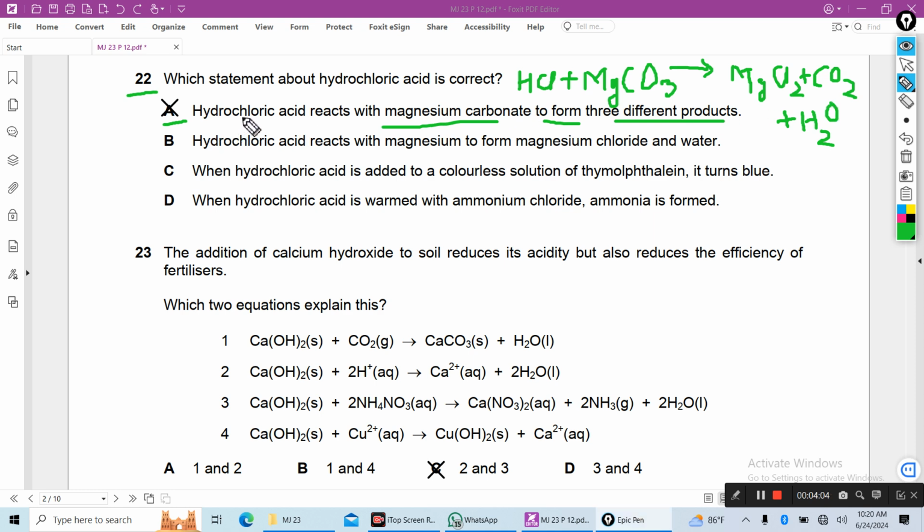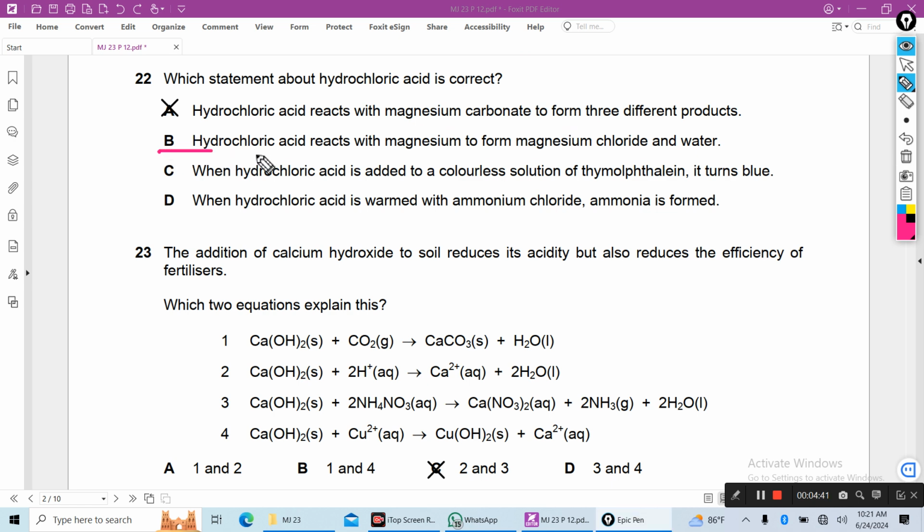So when hydrochloric acid reacts with magnesium carbonate, 3 different products are produced: one is magnesium chloride, other is carbon dioxide, and number 3 is water. So you know, when a carbonate salt reacts with acid, it forms salt plus carbon dioxide plus water. A is the right answer.